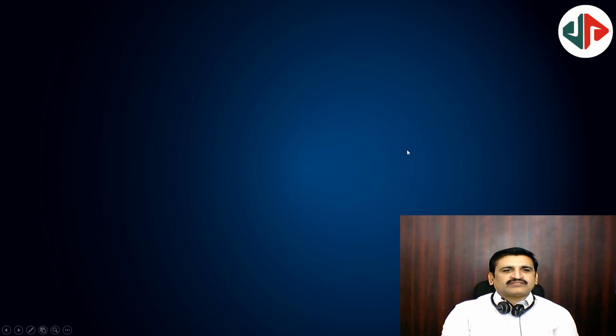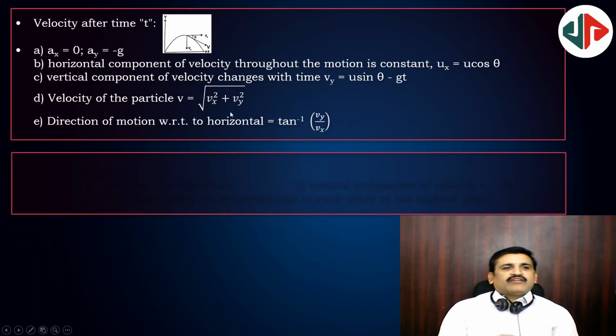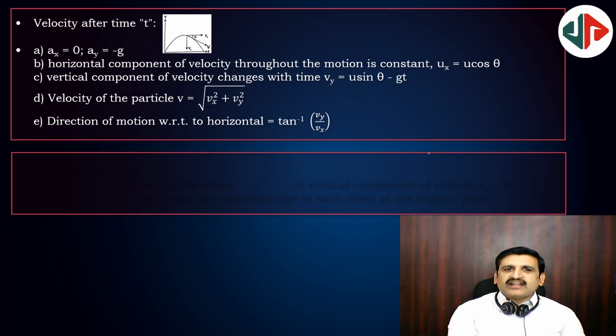Next, velocity after time t. On the trajectory, the particle is at a changing position based on time. So after time t, the velocity can be calculated like this. The horizontal component and vertical component should be calculated separately, and then the resultant velocity can be obtained.